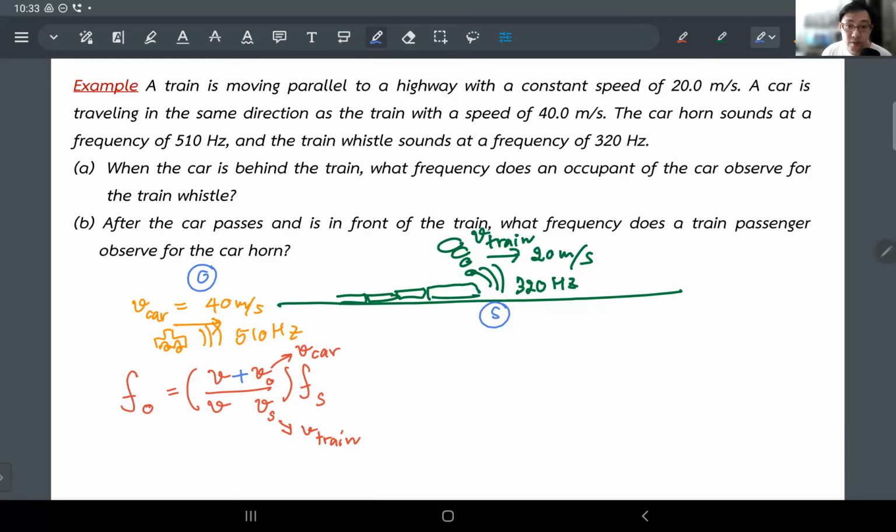Now, what about the source? The source, the train, is running away. The effect is supposed to be lower in frequency. Okay, lower in frequency. But to make things lower, for the denominator, you need a positive sign there. Cool?